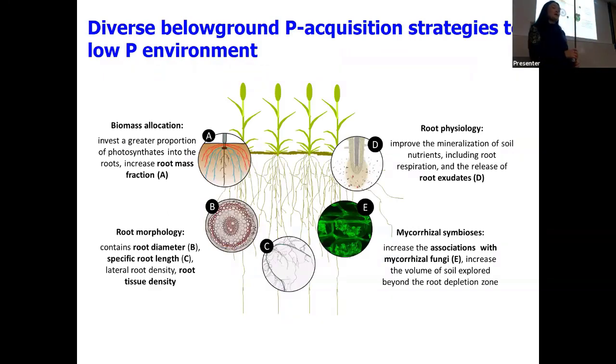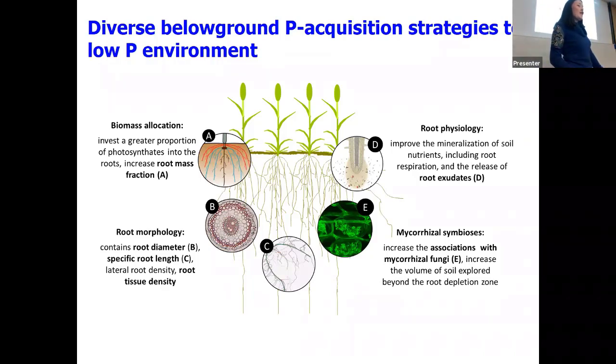So in response to low phosphorus, plants have evolved a number of below-ground traits to improve phosphorus acquisition. For example, plants can allocate a greater proportion of carbon into the roots to increase root mass ratio.